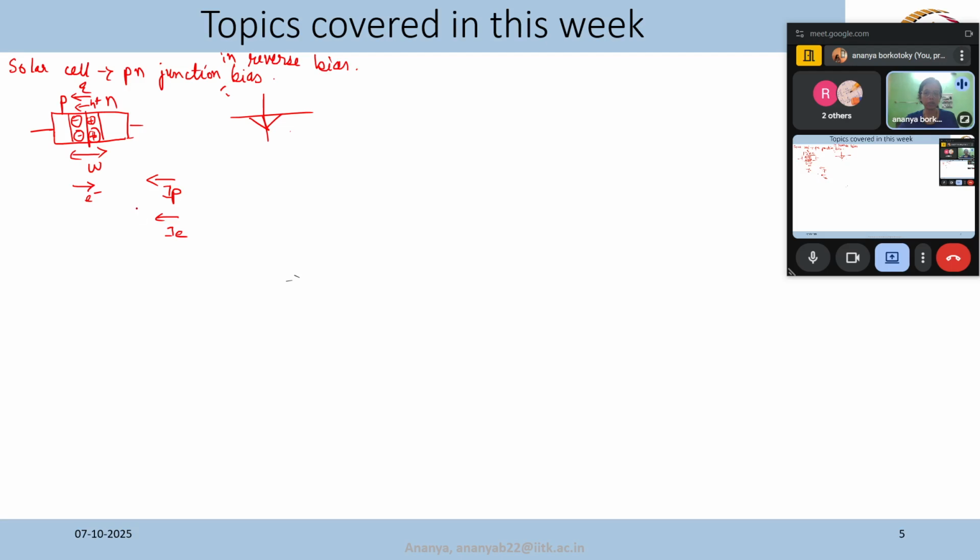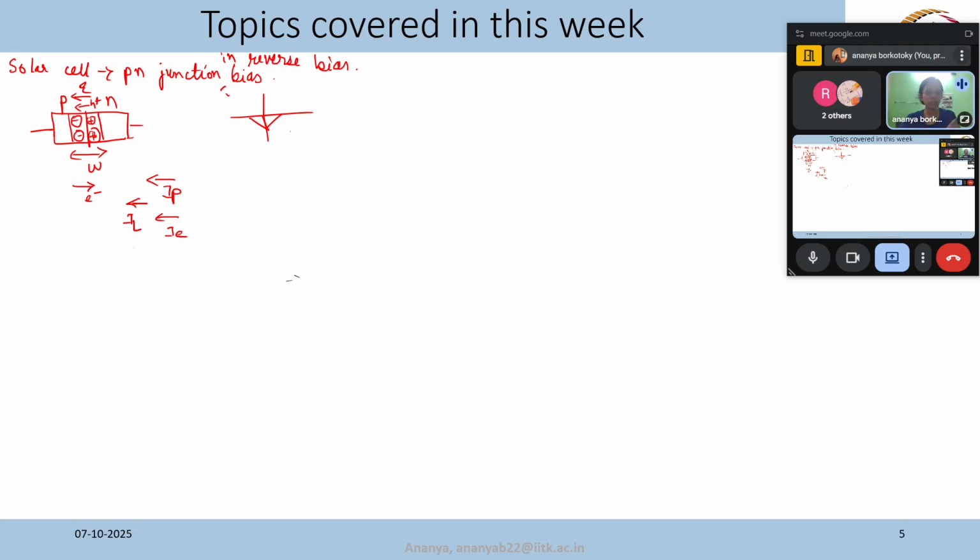So overall I get some current due to light, from N to P. In forward bias, the current direction is from P to N, but here we get a reverse current from N to P. If the electron hole pair generation is much higher than the pre-existing reverse saturation current, we will have a large photocurrent.